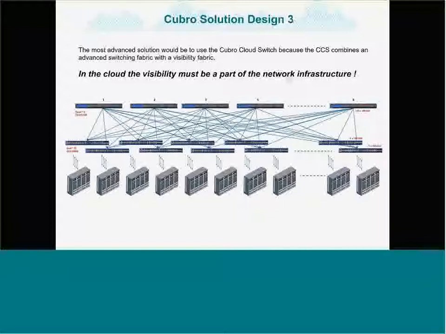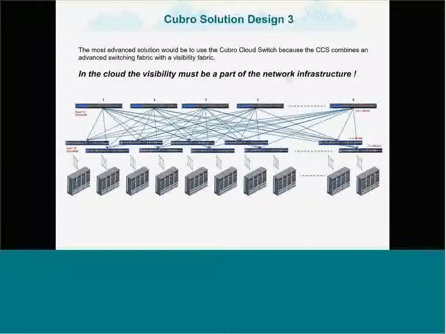At that point, this classical way of tapping traffic, this hybrid solution that we currently have, will end, because you have so many ports and so much traffic that the classical approach will not work.